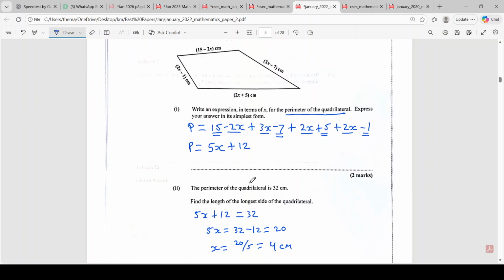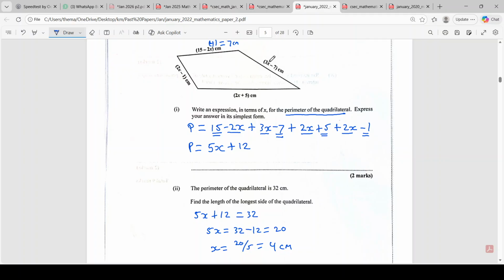So what we need to do is go up here now and put in 4 as x in all of the lengths to see which one gives us the longest side. So if I put x as 4 here, 2 by 4 is 8, 15 take away 8 is 7 centimeters.